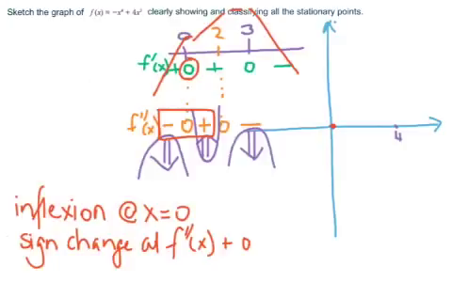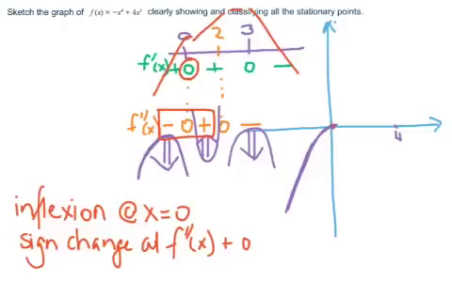So I can tell from what I can see so far that my graph is going to come up. It's going to be concave down. It's going to come up to here. And then what happens? The part that I've already drawn, this part here, is my concave down part.